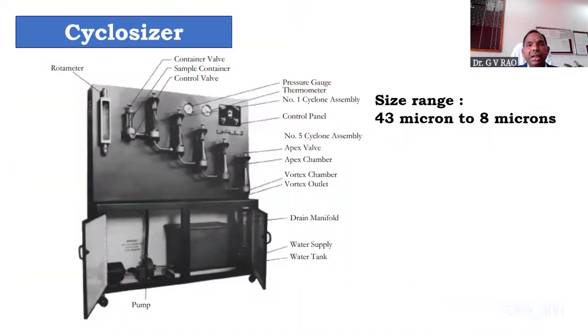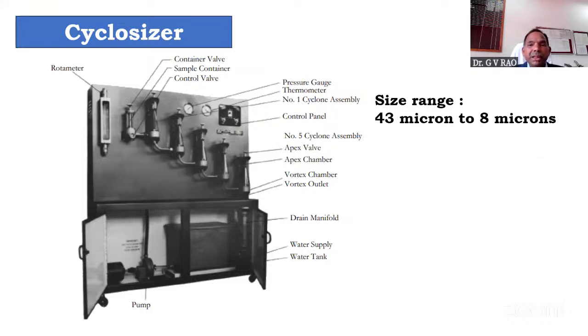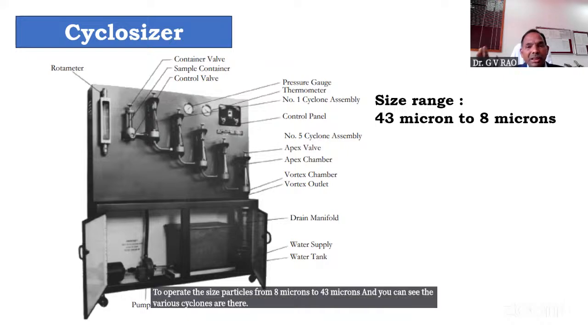You see, this is the cyclosizer. It has 5 cyclones and can separate particles from 8 microns to 43 microns. You can see the various cyclones, C1, C2, C3, C4, C5, depending upon the size range.